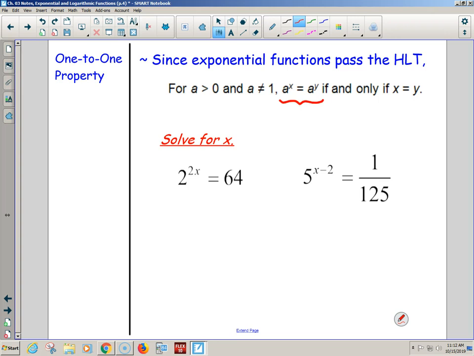There's more than one way for that to be true, so we wouldn't be able to make this statement. However, exponential functions, since they pass the horizontal line test, will have unique solutions. There's only one way that one exponential could equal another exponential if their bases match. There's only one way that can be true.